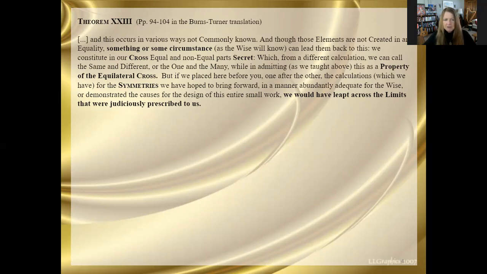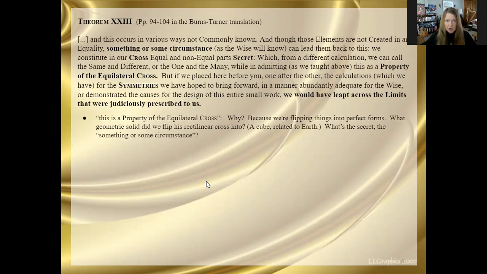But if we placed here before you, one after the other, the calculations, which we have, for the symmetries we have hoped to bring forward in a manner abundantly adequate for the wise, or demonstrated the causes for the design of this entire small work, we would have leapt across the limits that were judiciously prescribed for us.